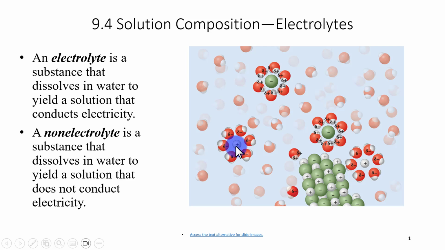Note that it isn't a 1-to-1 ratio. Actually, it's a 6-to-1 ratio or thereabouts. Now, once I have free ions in solution, this solution is able to conduct electricity because it has free ions, and it is a good electrolyte.